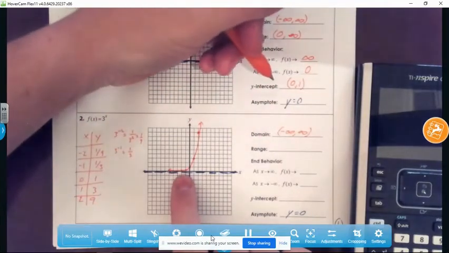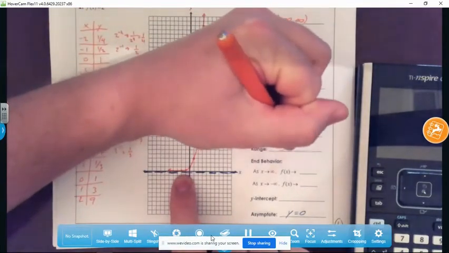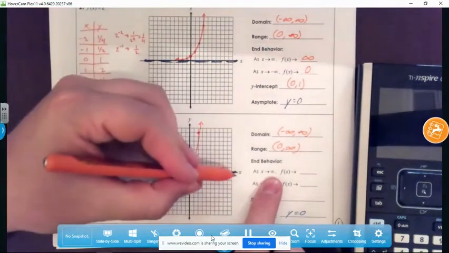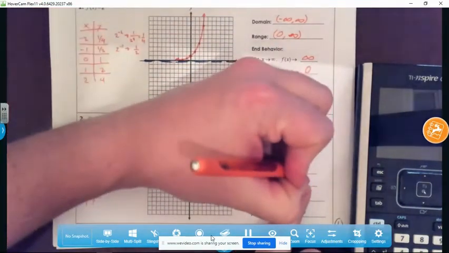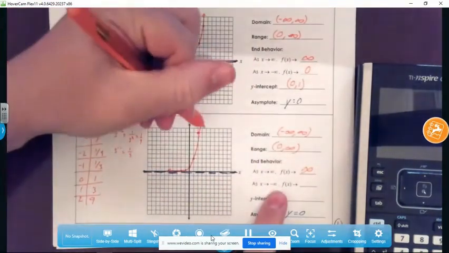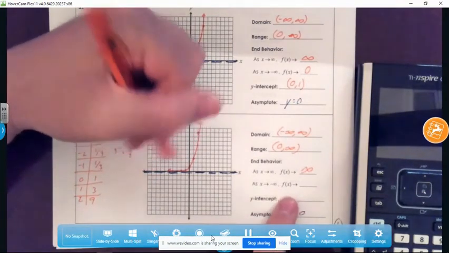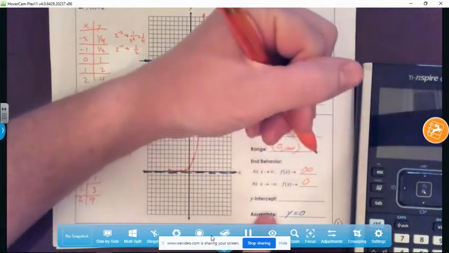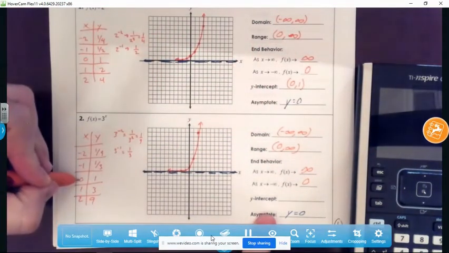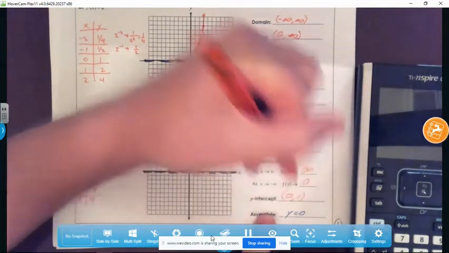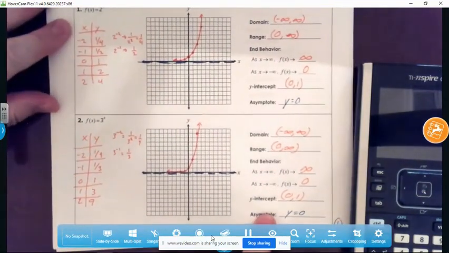Your range goes from 0 up to infinity. As x is increasing to infinity, so is the function. As x is going in the negative direction right here, it's going to approach the asymptote, which is 0. And then the y-intercept, when you plugged in 0 for x, you got 1. So (0, 1). That takes care of this page right here.